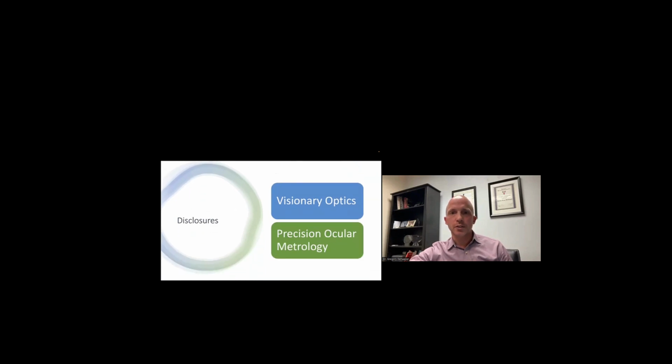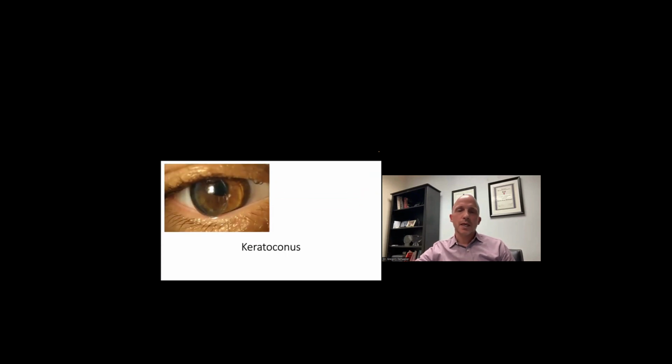These are my disclosures. And it's hard to believe that in the not too distant past some of our keratoconus patients had to function with a contact lens like this. This is a keratoglobus patient who had reported to my office a number of years ago, and he had already had a full thickness corneal transplant.